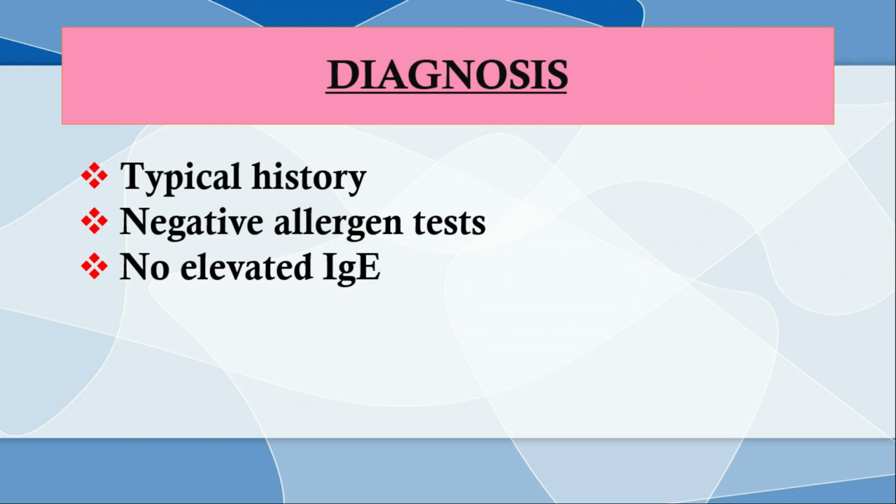How do we diagnose a case of vasomotor rhinitis? Typically, it's from the history. And then when tests are carried out, such as skin allergy tests, they show negative allergen tests, and there is no elevated immunoglobulin E in vasomotor rhinitis.